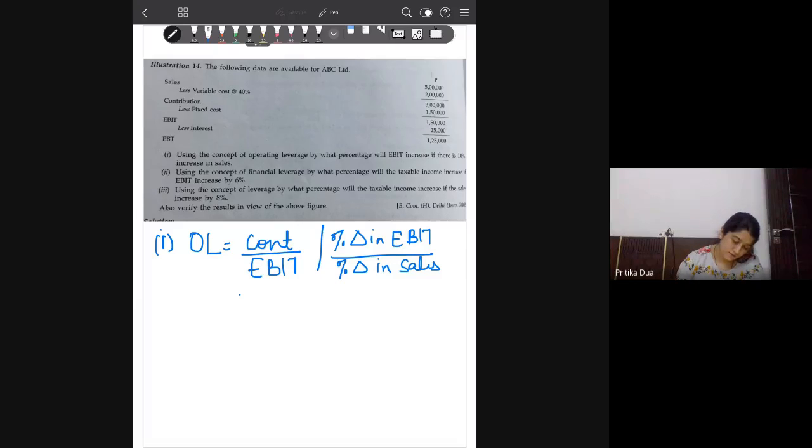So this is 3 lakh by 1,50,000. You get a value of 2 for operating leverage. You put that in the second formula.